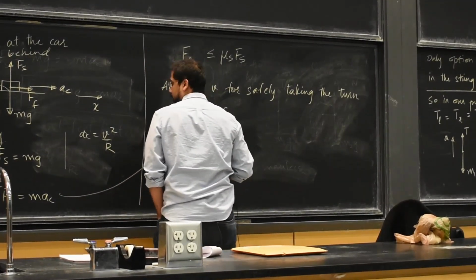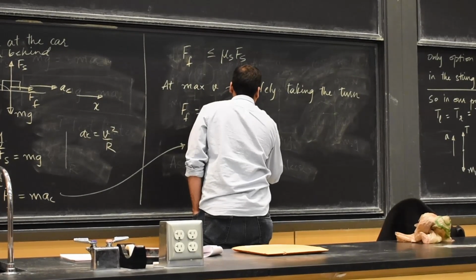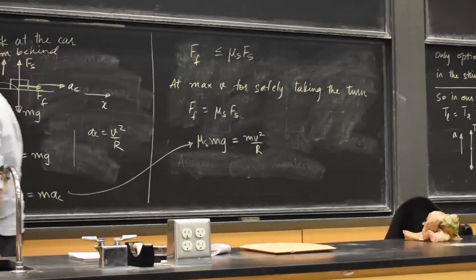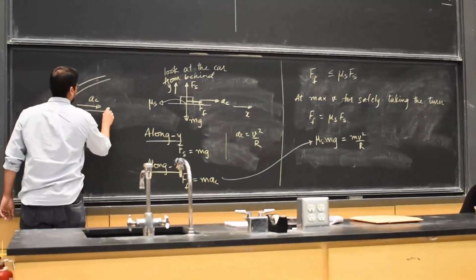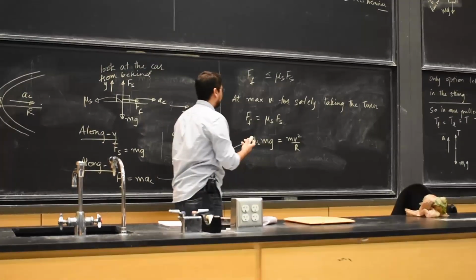This equation along x I can rewrite as mu s mg equals m v squared over r, where r is the radius of this turn, of the arc that I'm traveling.